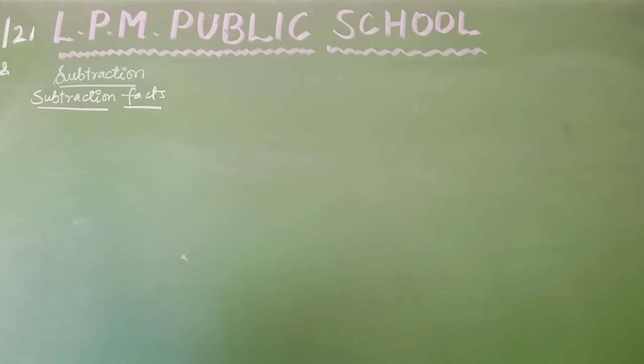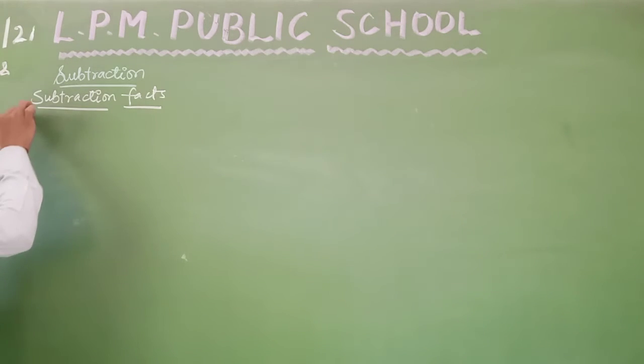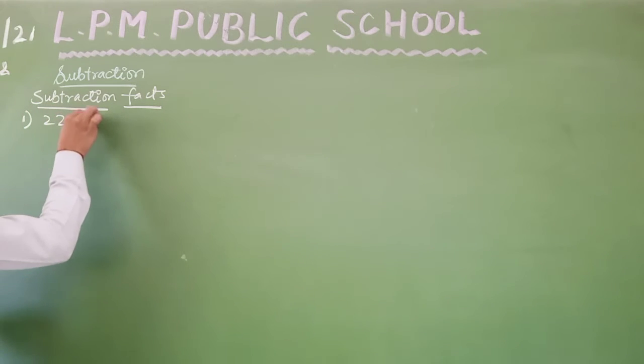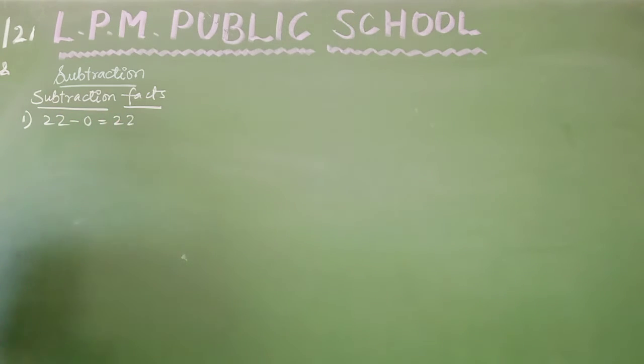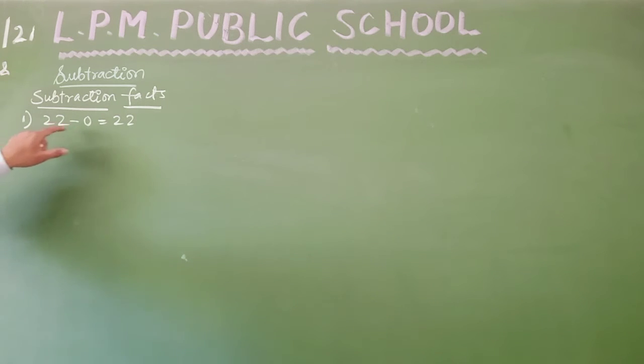In subtraction facts, the first fact is when 0 is subtracted from a number, the difference is the number itself. That means 22 minus 0 is equal to 22. We know that when 0 is subtracted from a number, the difference is the number itself.